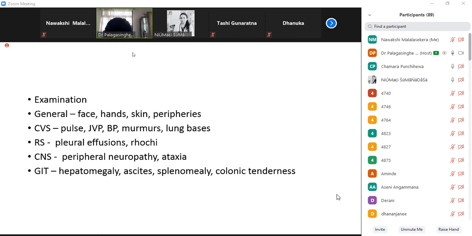Then leukonychia, can it be possible with somebody having chronic diarrhea? White nails or leukonychia. Yes, it is possible. How? If the patient is having chronic diarrhea due to underlying liver disease, like in cirrhosis, the patient can present with leukonychia. Yes, good.